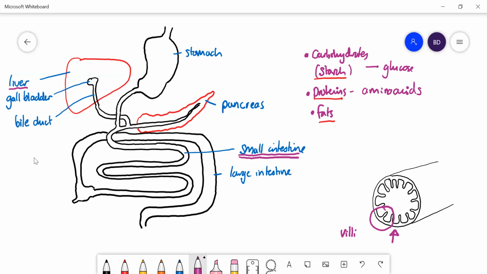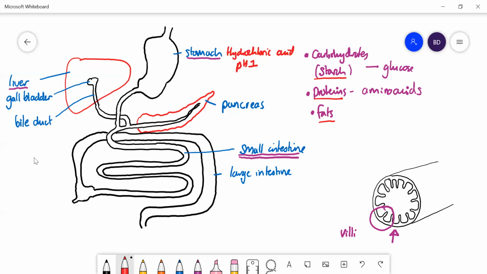Okay, so let's look at the journey of the food. First of all, it's going to come into the stomach, and here we go. So the stomach secretes hydrochloric acid onto the food, and that's going to make it about pH 1, which is pretty acidic, and that will kill any bacteria which have been taken in with the food, and inevitably they will be, and it will kill most of those, and that's pretty important.